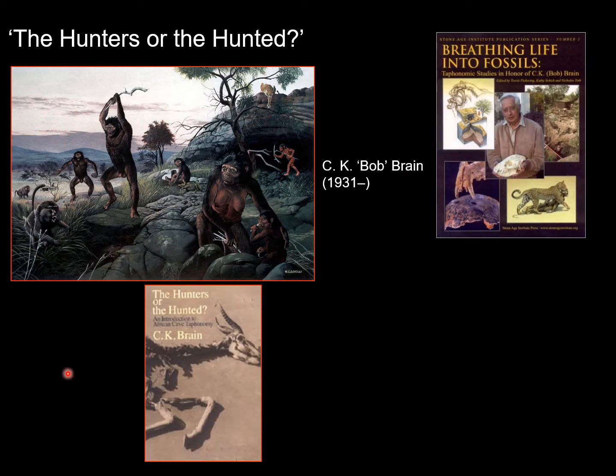But then comes along this very famous taphonomist called Bob Brain, and he asked the question, well, maybe africanus weren't the hunters, but they were the hunted. And he actually conducted a classic study where he threw out a bunch of, I think it was goat bones, to dogs, had them chew it up, and basically what he saw was the character of those chewed up bones matched exactly the fossils associated with africanus that Dart thought was used as tools.